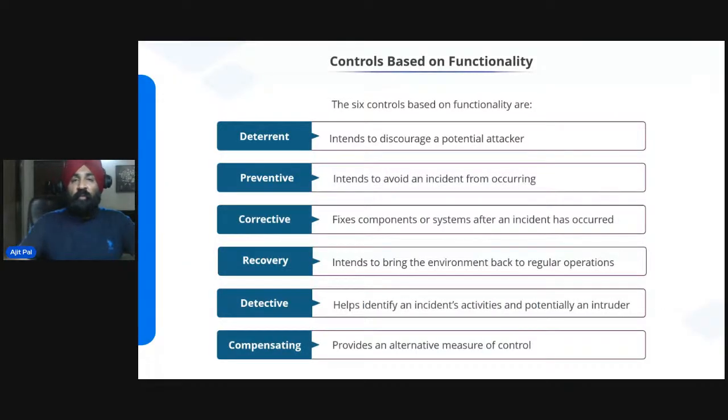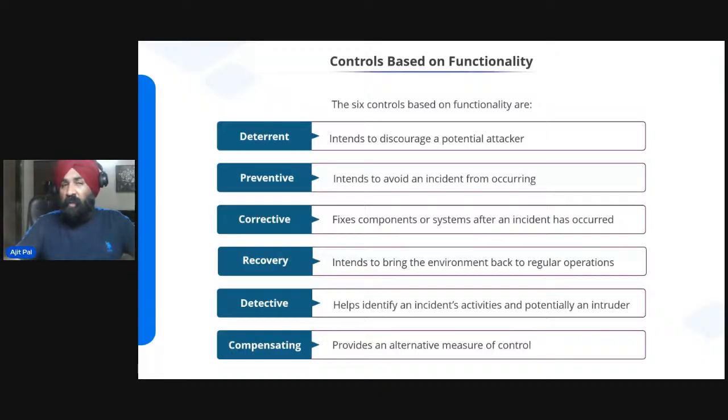Then controls based on functionality: deterrent, which can deter a potential attacker, like a warning banner. Preventative, which is intended to avoid an incident from occurring, like a firewall or intrusion prevention system.